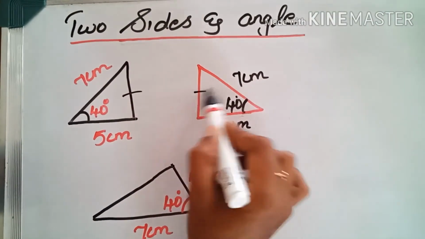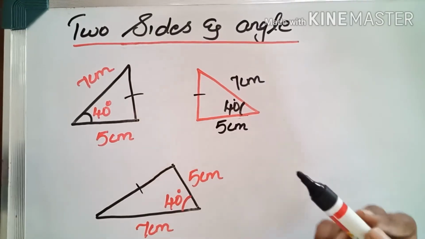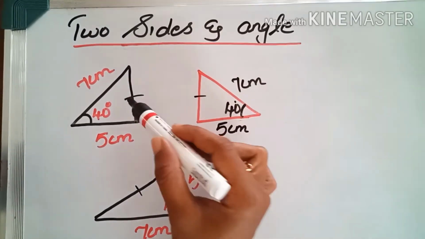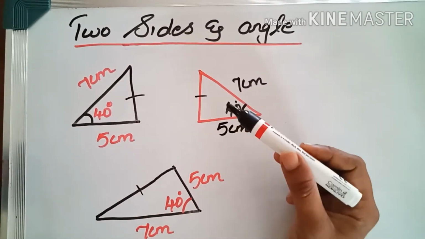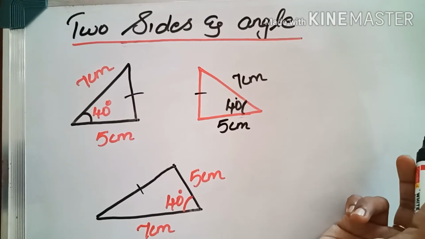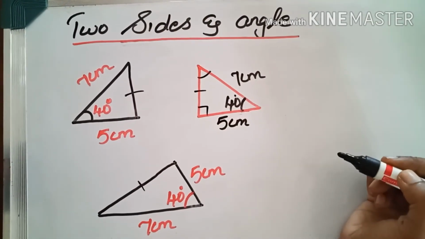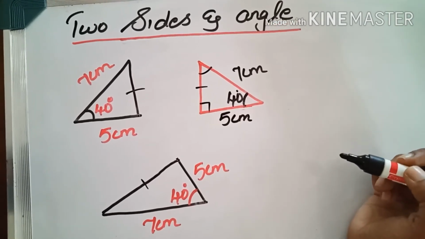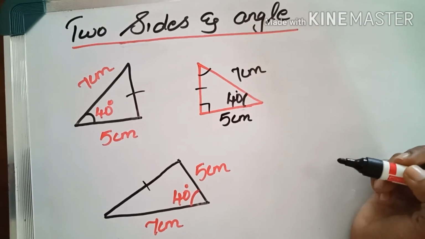All the three third sides will be the same, because two sides and one angle equal means equal triangle. Equal triangle means the third side will also be equal. So with the third side equal, all the three sides we got equal. Then what about the angles? These two remaining angles will also be the same, because three sides equal means three angles will also be equal. That is the concept.